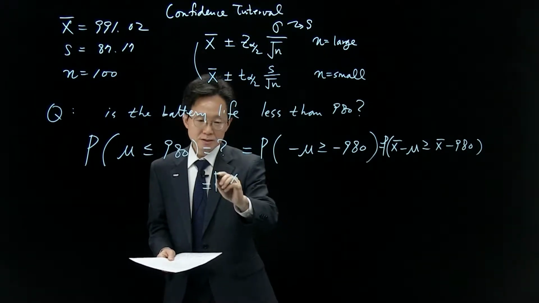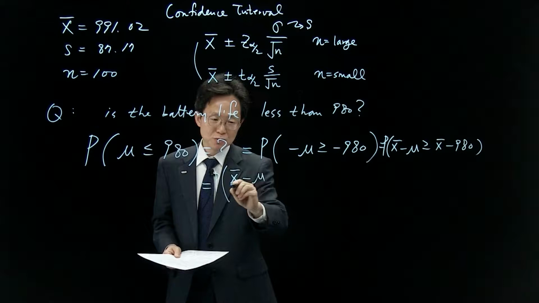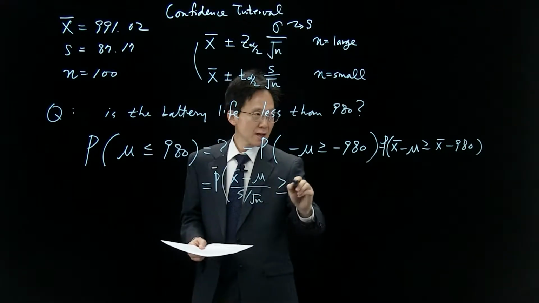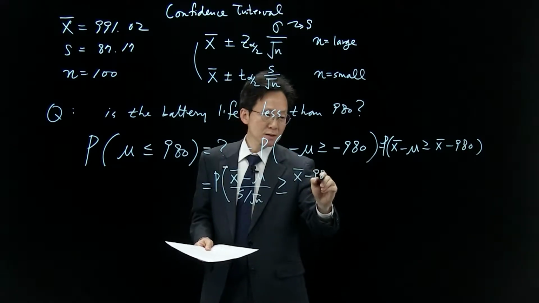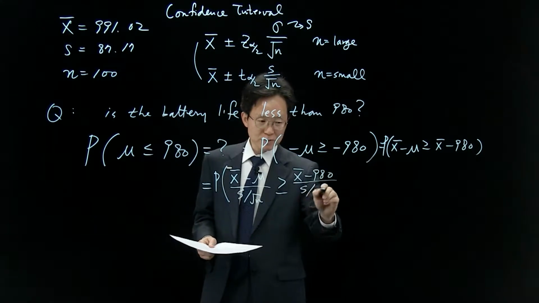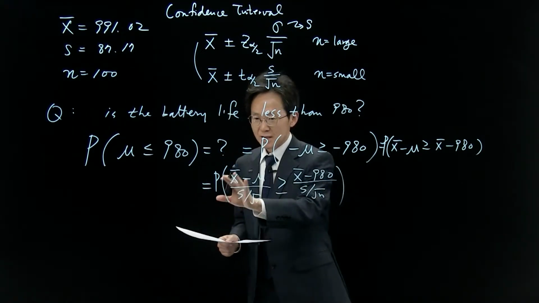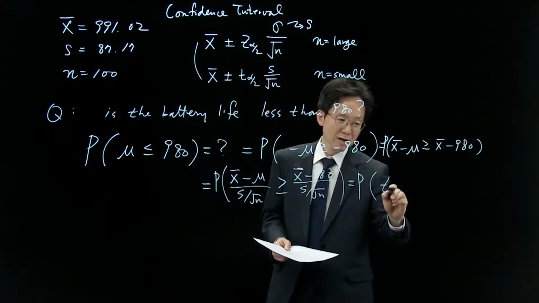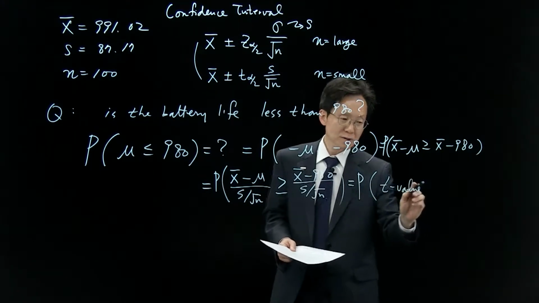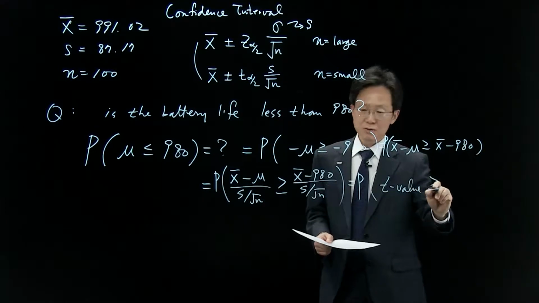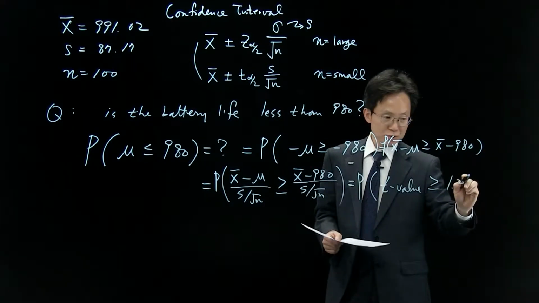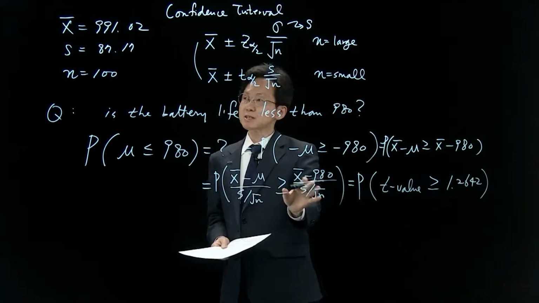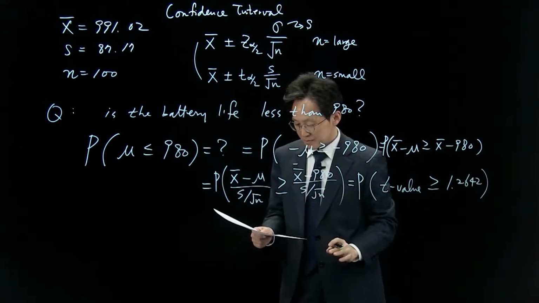So x bar minus mu over s over root n, and that's x bar minus 980 over s over root n. And we know that that's the t value, or t statistic, which is 1.2642. You put in this x bar and s and n, and you will get this number.